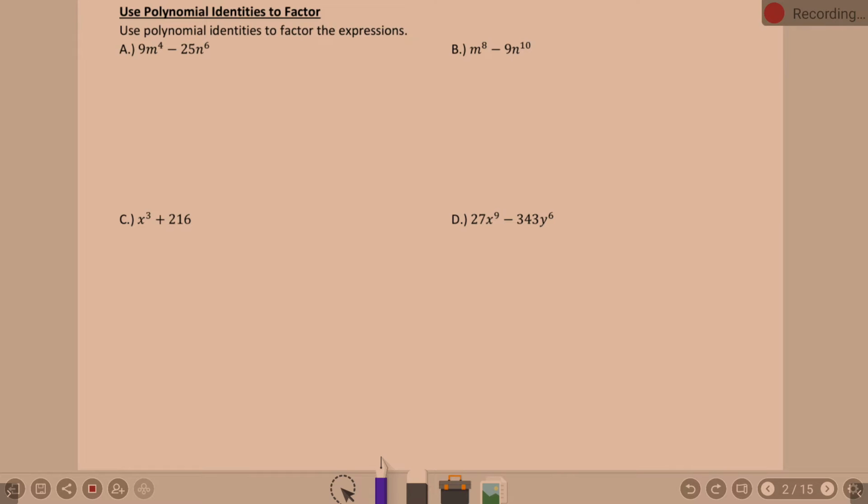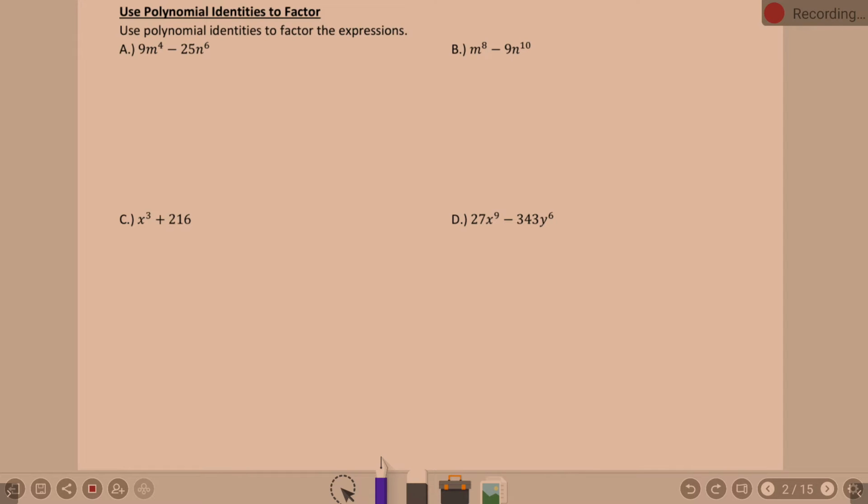Here's the deal. 9m to the 4th and 25n to the 6th. Are they perfect squares or perfect cubes? When I look at 9 and 25, I know that they are perfect squares. So that's why this is going to fit into the form of difference of squares.